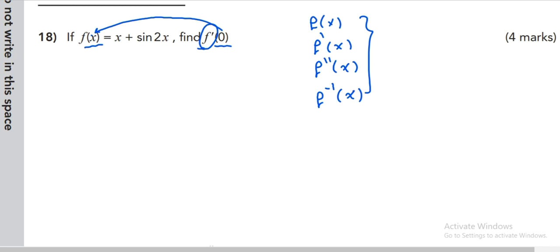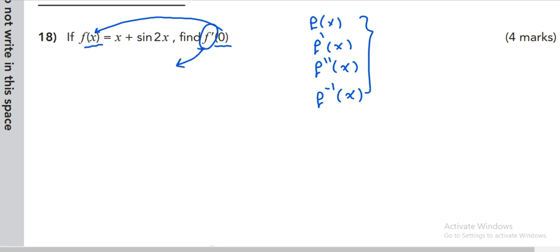We have to mention this expression. If the expression exists, we'll put the value directly and calculate. If it does not exist, we have to find it. Here he gives f of x, and we have to put 0 in the place of x in the expression of f dash, the first derivative. Do we have the expression of the first derivative? No, so we have to find it.